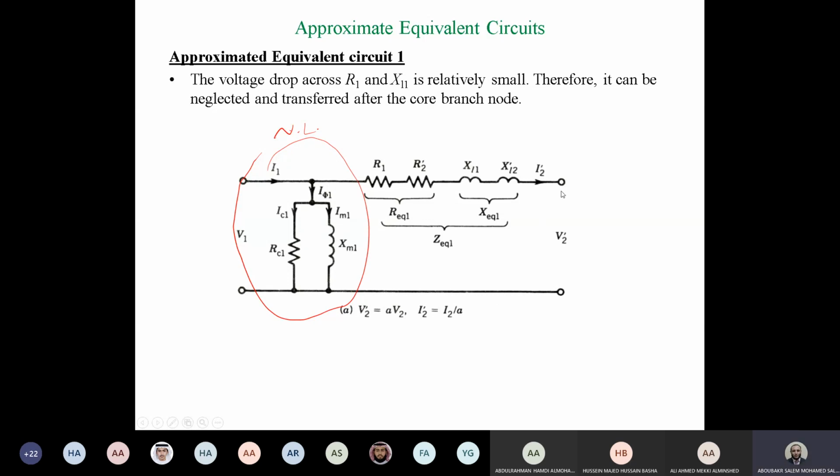So if we make a short circuit, this means that the current which is moving here can be neglected, and we can remove all of these parallel branches. And we will have, in this case, only this impedance in series with the supply. So we can make now two tests, the no load test and the short circuit test.